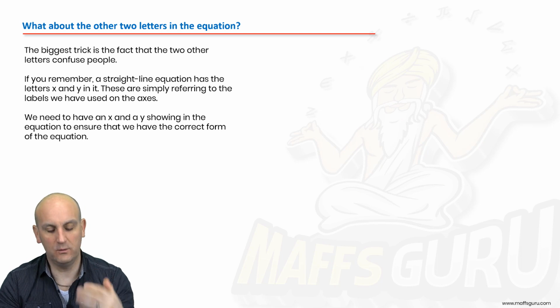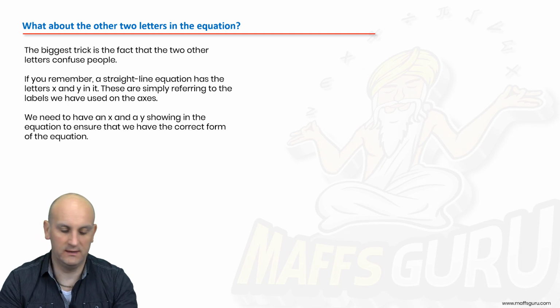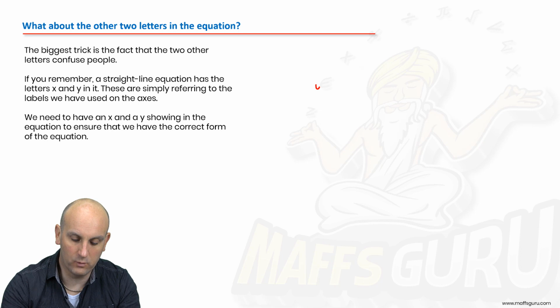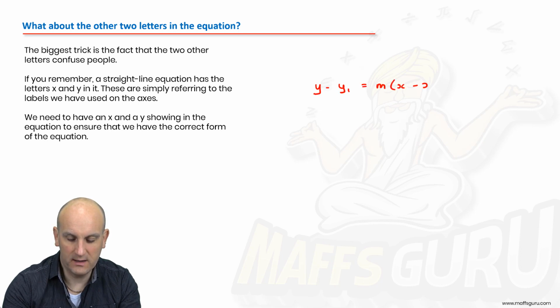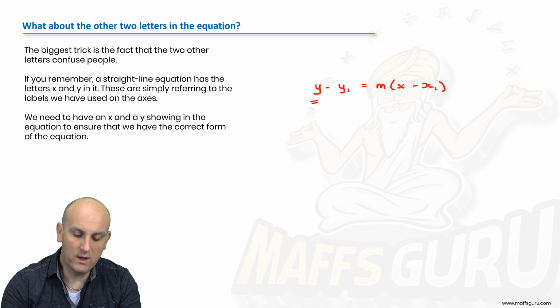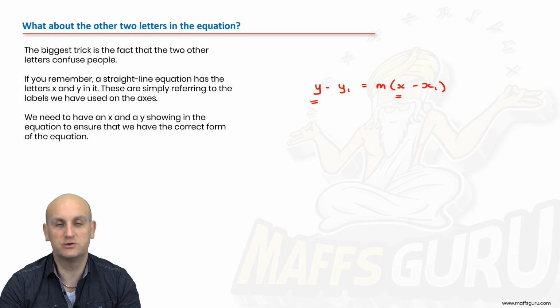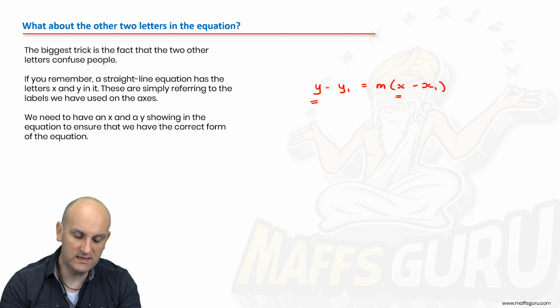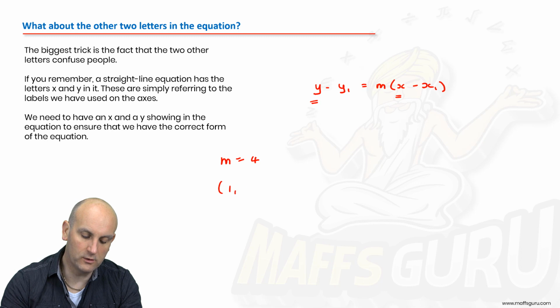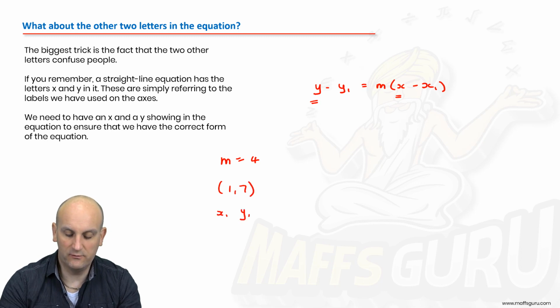Now, as I said a moment ago, we're just going to be very careful about the letters in the equation. So when I have y minus y1 equals m(x minus x1), this y value and this x value will just always stay. So when they give you a gradient equal to 4, for example, and let's just say some other coordinate is given by 1, 7, we know that this is x1 and this is the value of y1.